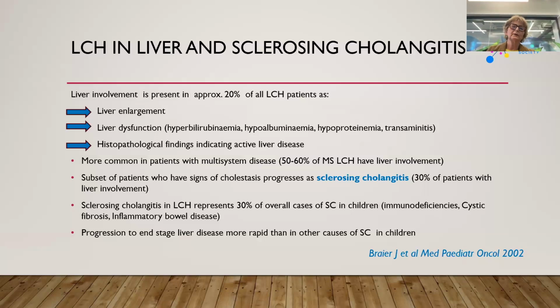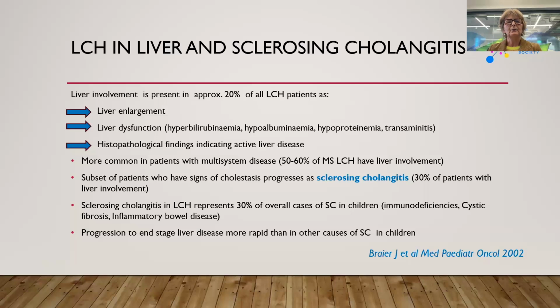So a little bit about LCH in liver and sclerosing cholangitis. Liver involvement altogether is present in approximately 20% of all patients with LCH, including all comers, single site and multi-system disease and so on.